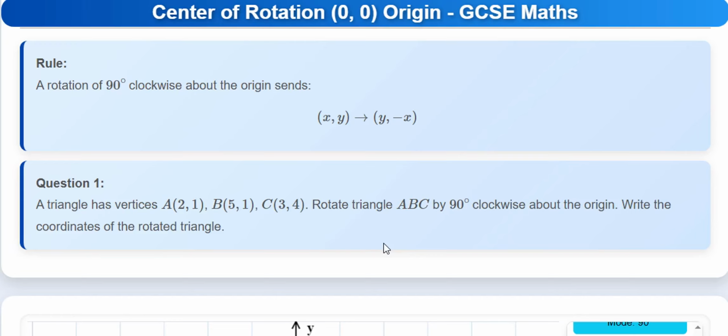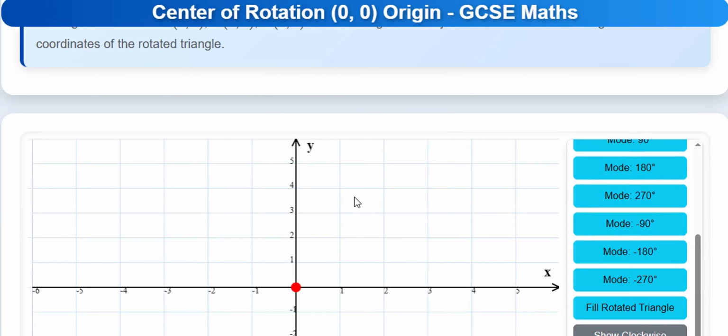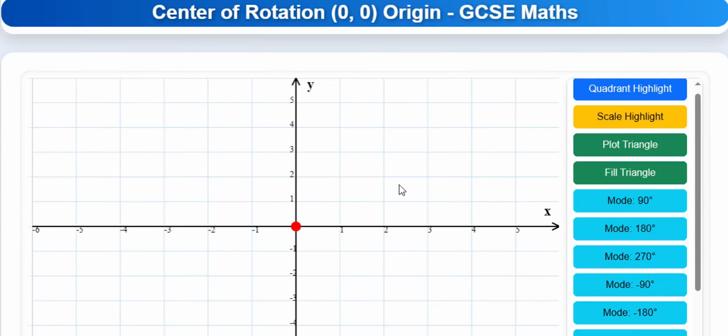So we have actually answered this part, the coordinates of the rotated triangle. And then we are also told to plot the two. So we can come here and plot the two and see what is actually happening. We already have our center of rotation here. We can start with the original triangle.